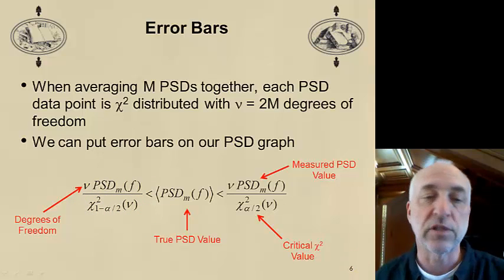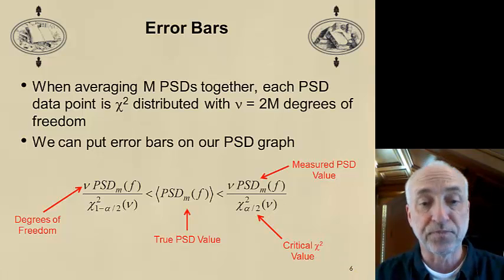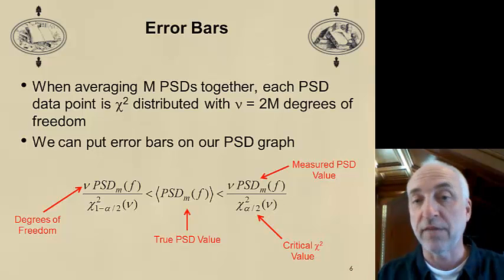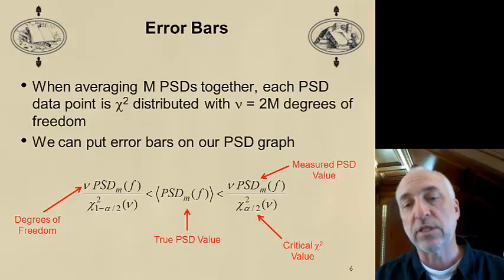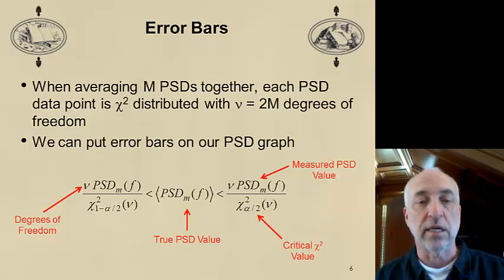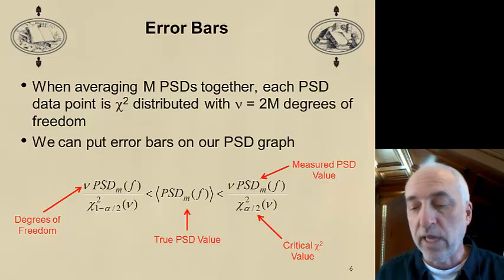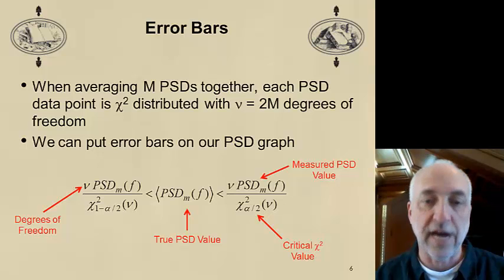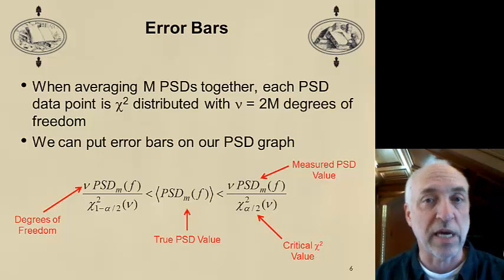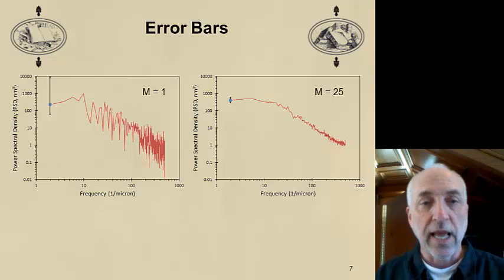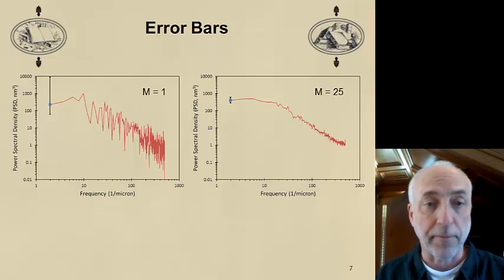If alpha is the significance level, for example 0.05 for a 95% confidence interval, then we simply look up in a table or calculate in Excel or something the two critical values for chi-square, and we have our confidence intervals that we can use to make up our error bars. And here are a couple of examples of that.